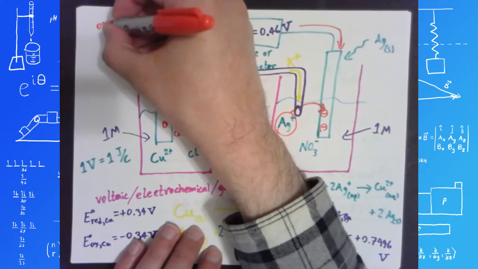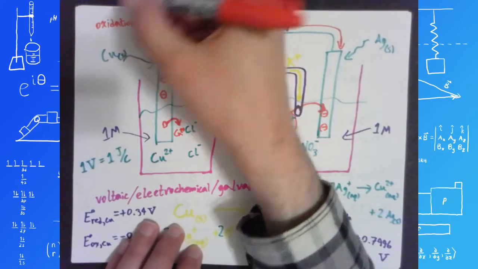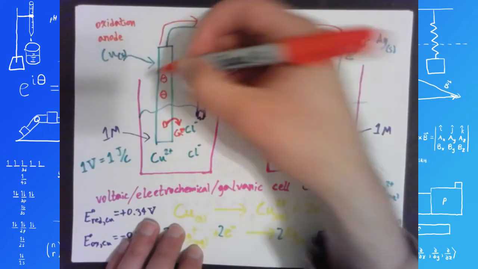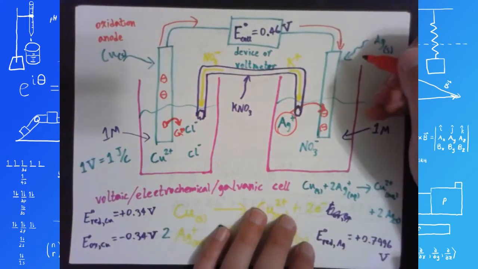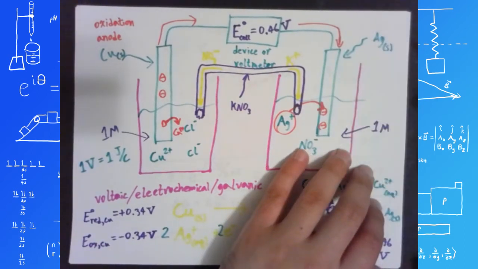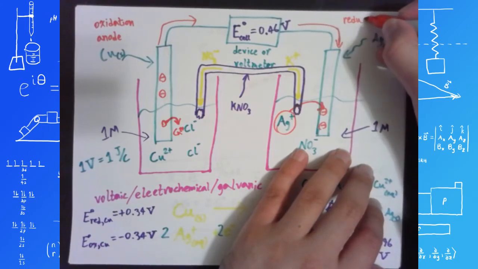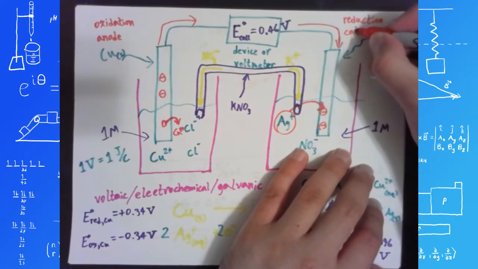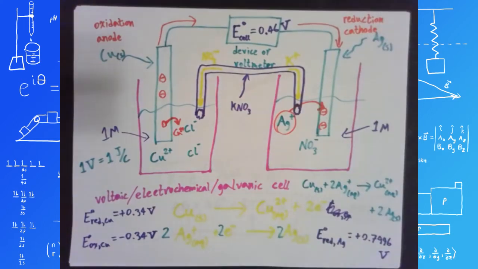So in this case, that's the copper side. So oxidation happens at the anode. And reduction happens at the cathode.